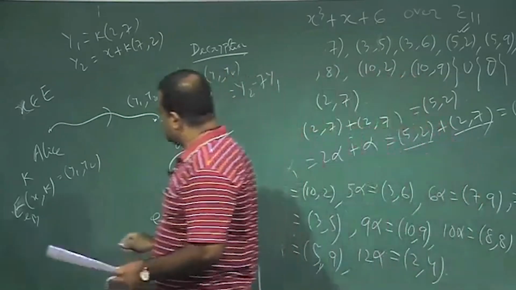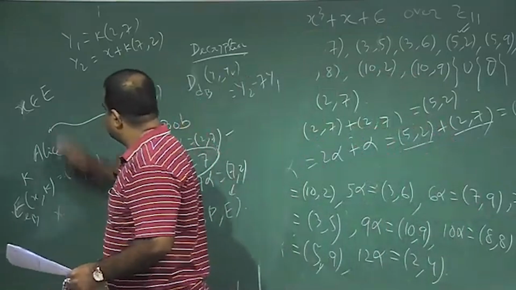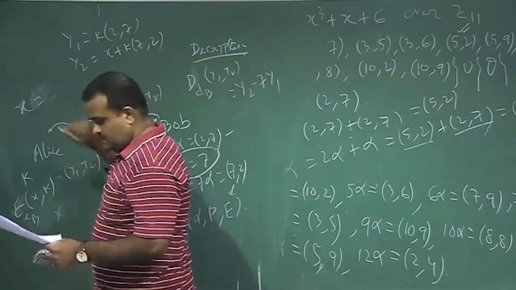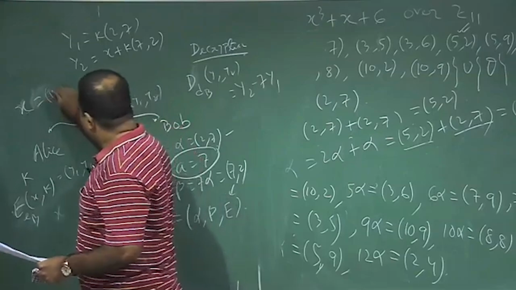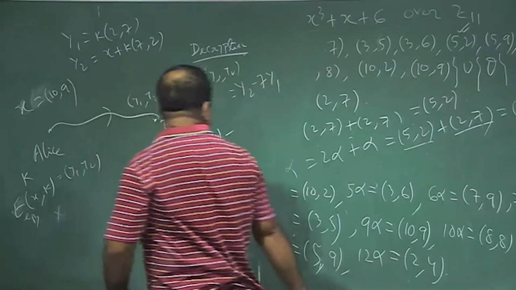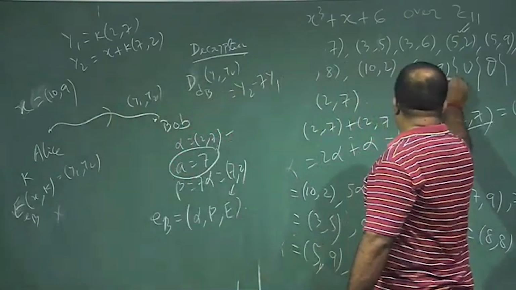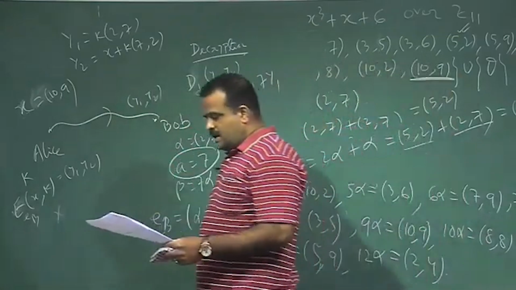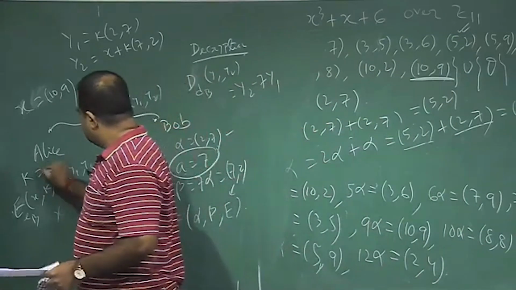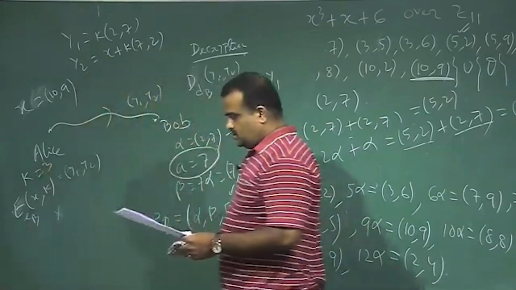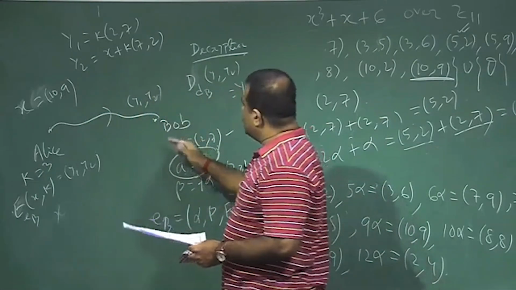Now let us take an example. Suppose the message X is (10, 9), so Alice chooses this message to send, and Alice chooses K equal to, say, 3. Then Alice will calculate Y1.